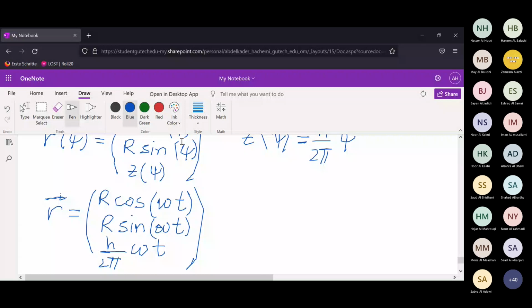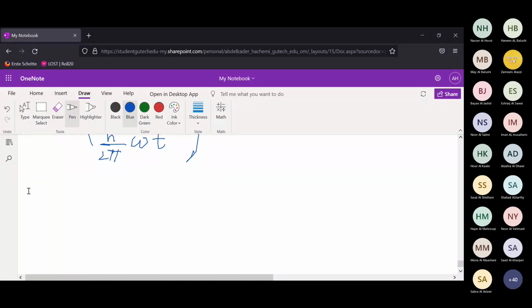Now, if we look at the velocity, it's the same principle.